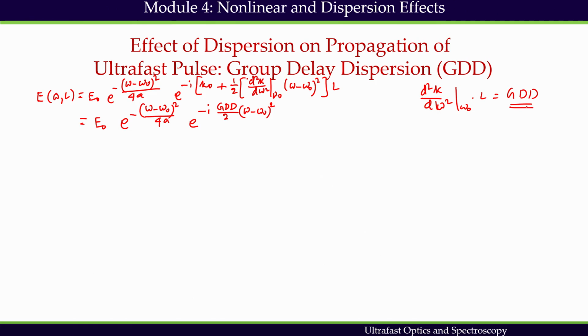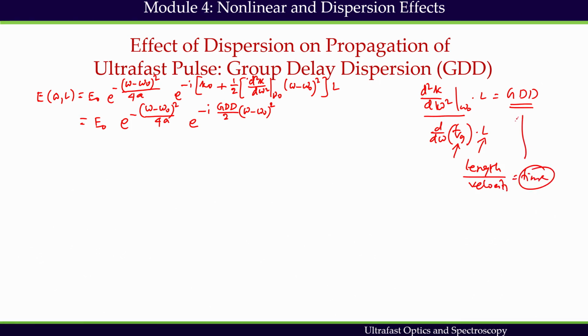What does it mean? It means that this second derivative is nothing but d d omega of 1 by Vg, multiplied by L. So Vg is a velocity and L is length. Length divided by velocity is nothing but time.